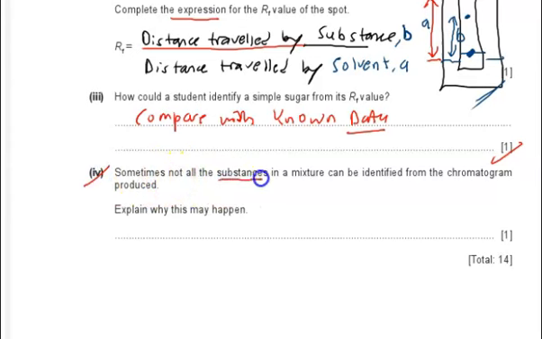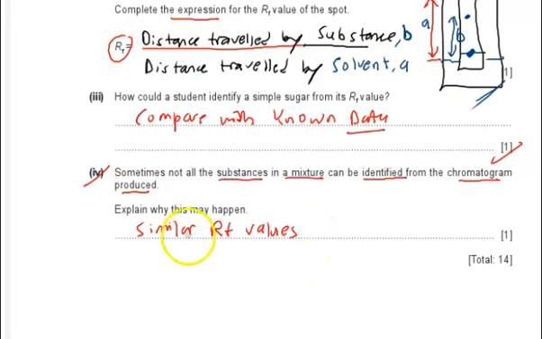Sometimes not all the substances in the mixture can be identified from the chromatogram produced. Explain why this may happen. Because they might have a similar RF value. So when your RF value is the same, it's hard to identify the mixture's components.